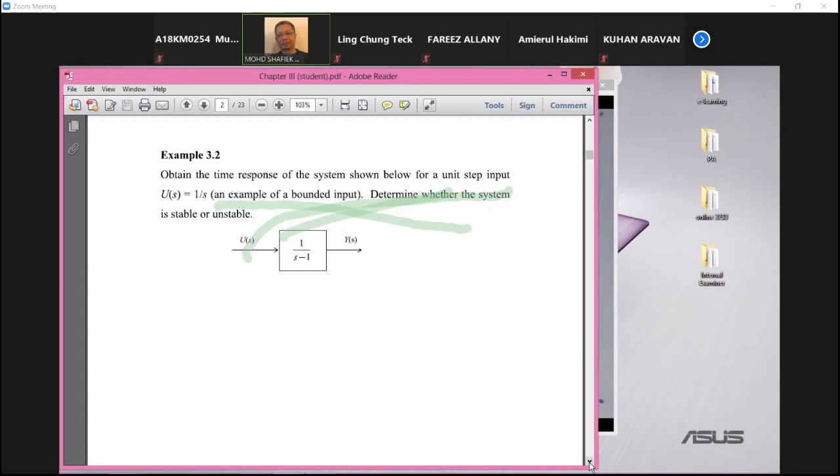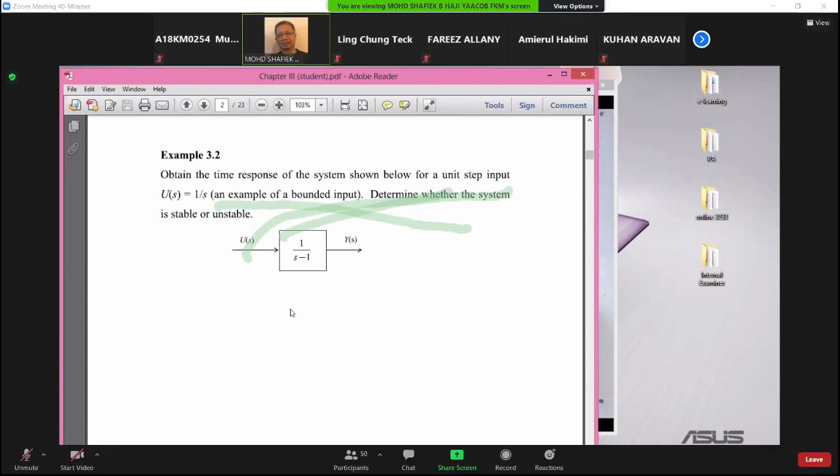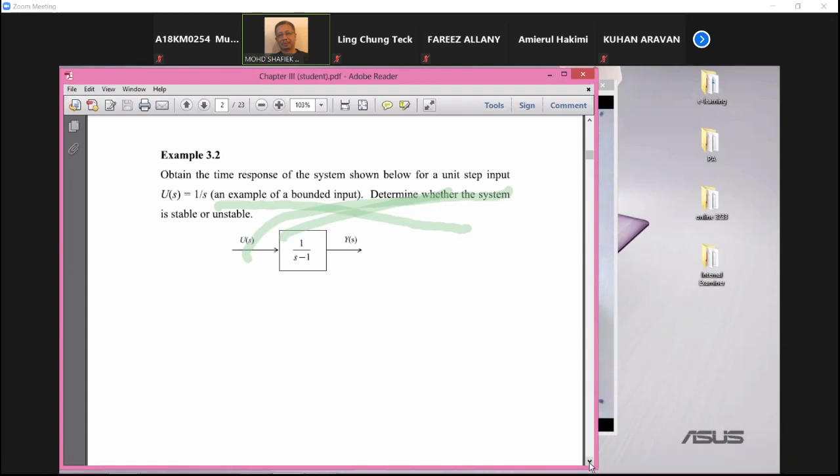I'm just going to write example 2. So 1 of s is equal to s, 1 s. This is minus.